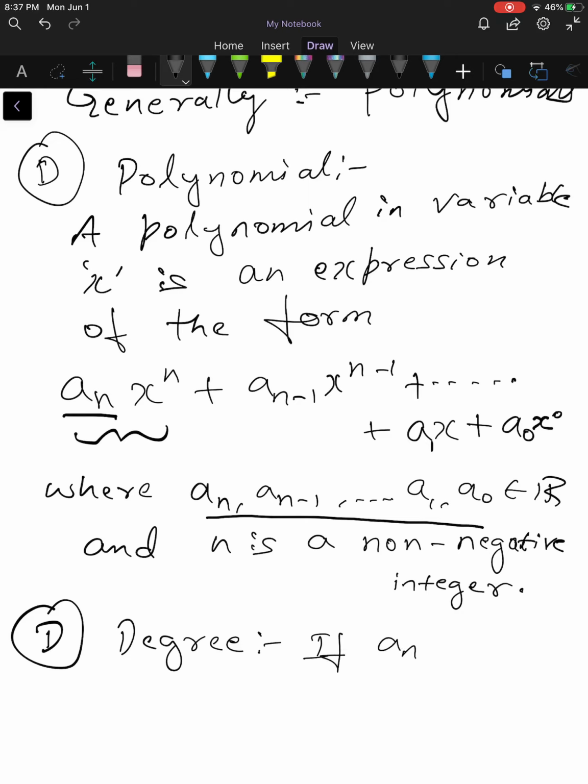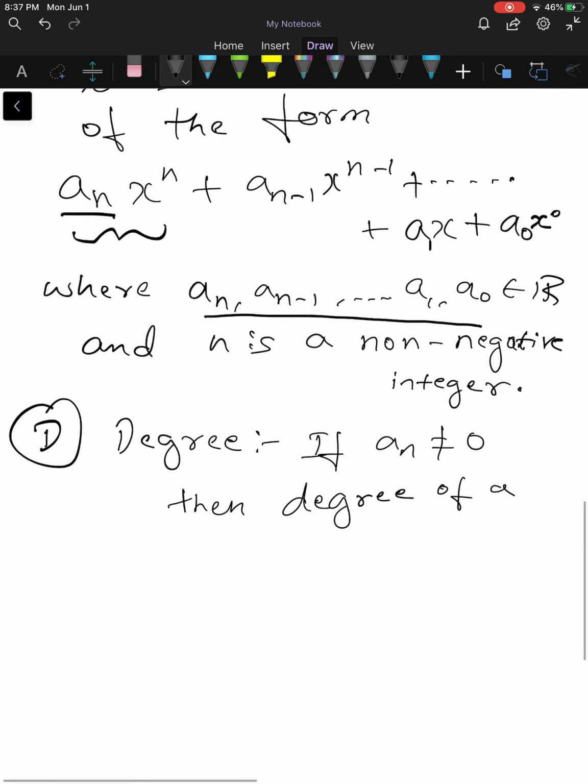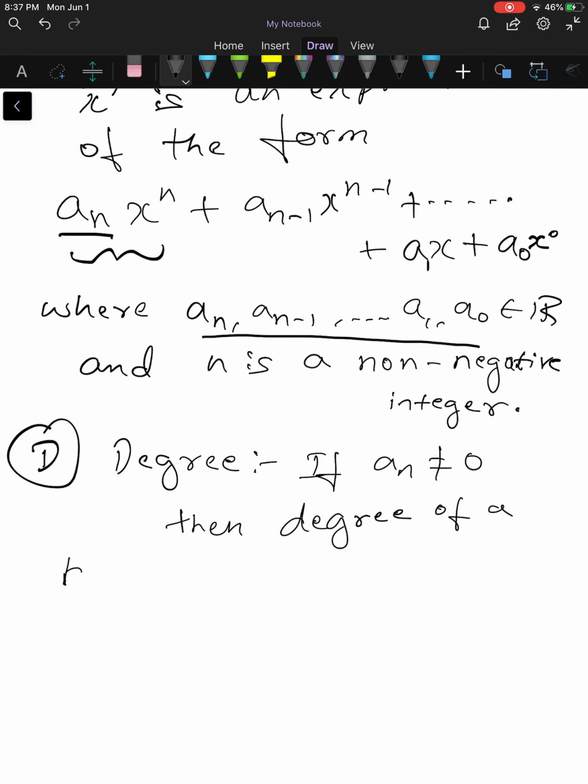If a_n is not equal to 0, then the degree of a polynomial is n. Degree of a polynomial is n.